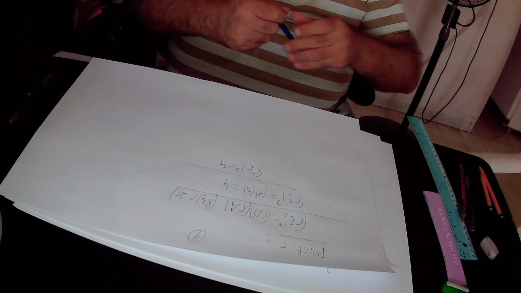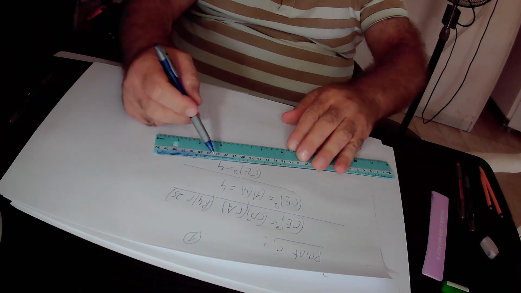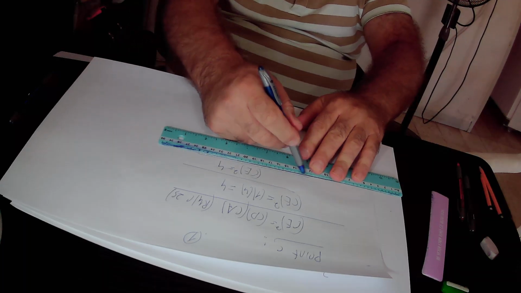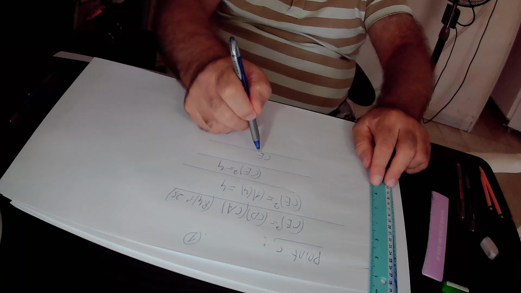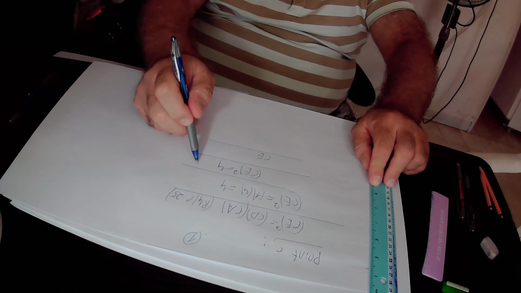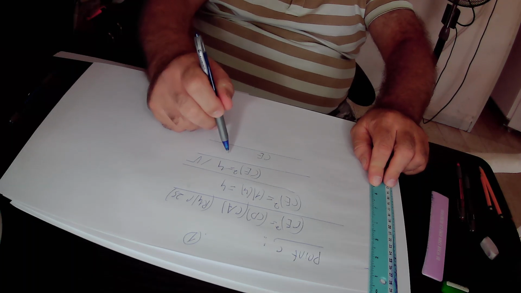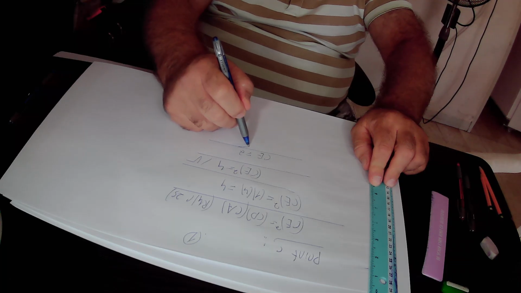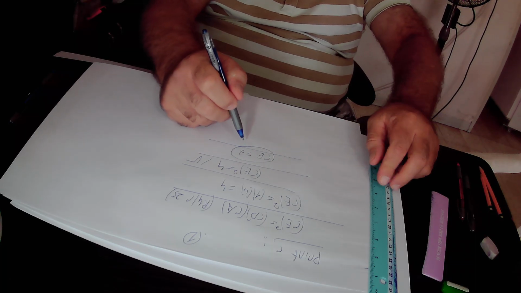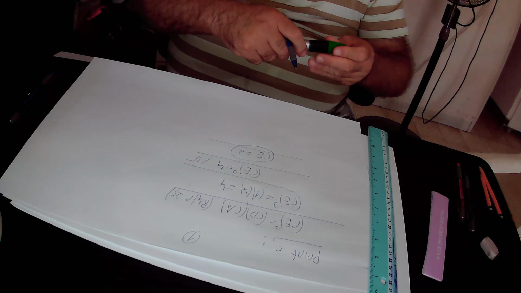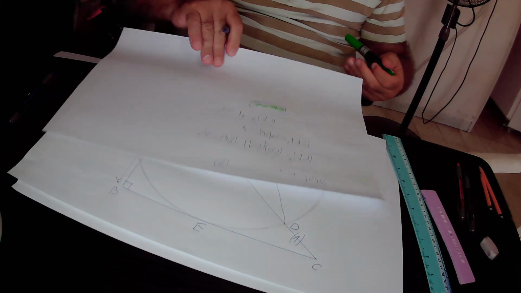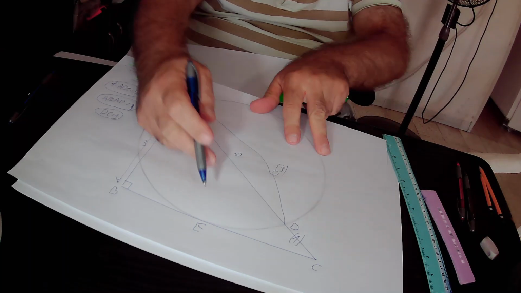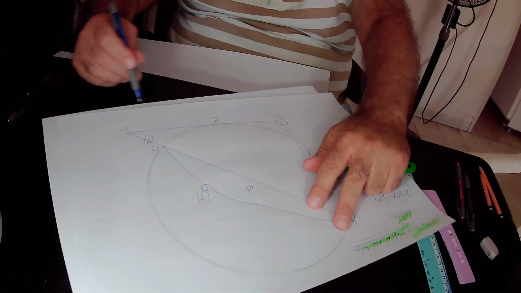Here we take a root of this equation, and we get that CE equals the square root of 4, that is 2. The length of tangent CE is 2 units. So I write it down. This is tangent CE that equals 2 units in its length.